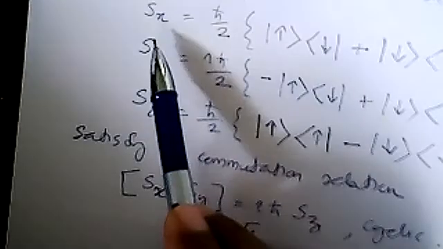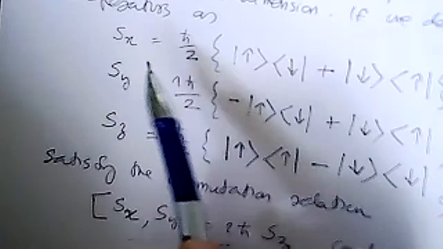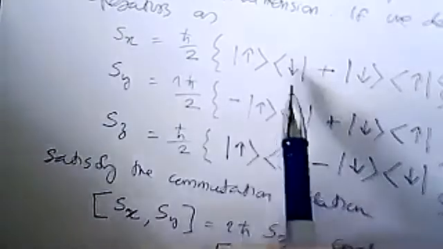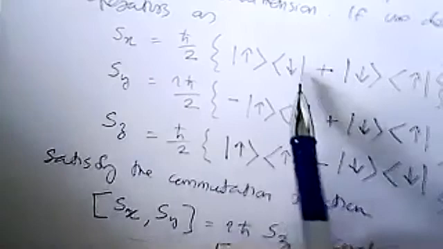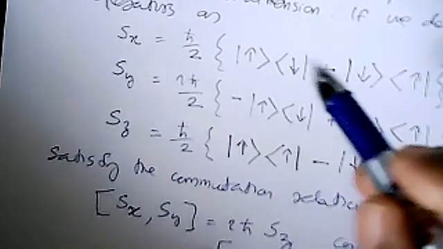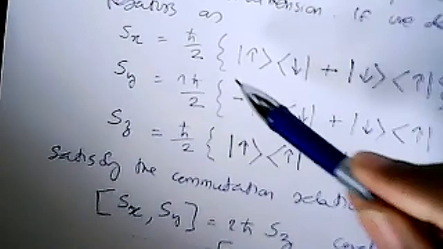So how to choose Sx? Sx you choose as ħ/2 times (spin up ket spin down bra plus spin down ket spin up bra). Choose a combination like this.